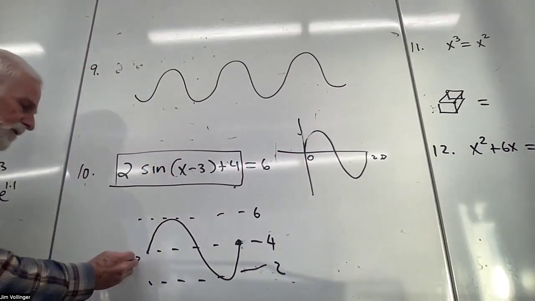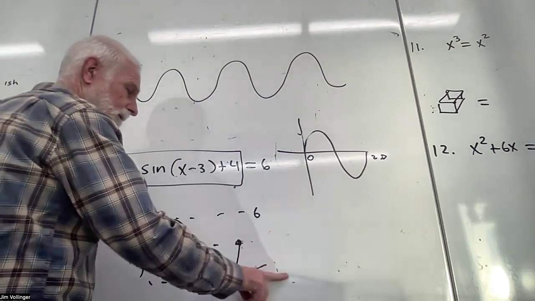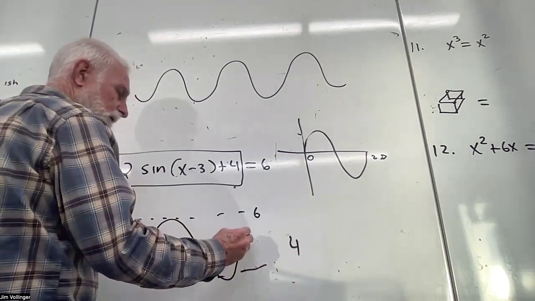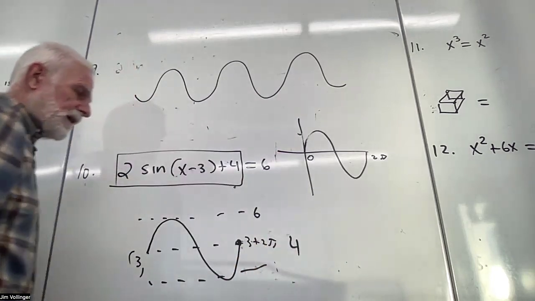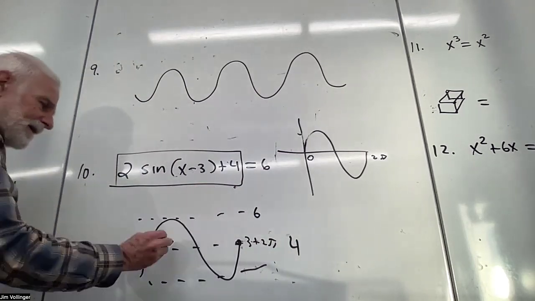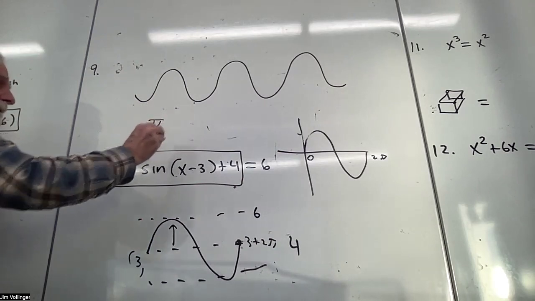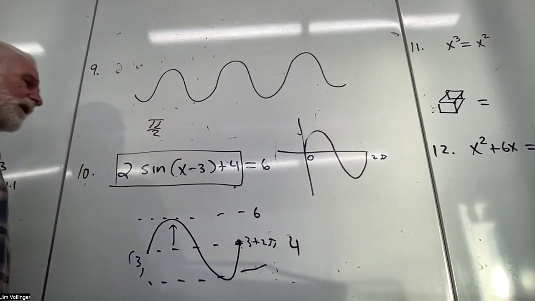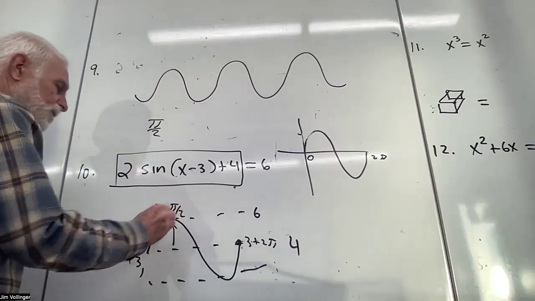Oh, I guess that has to be 3. And then I guess it has to end at 3 plus 2 pi, once around the circle, which is what we did a second ago. And I'm at a max. I can see I'm at a max. I just told you pi over 2 gets you a max. So I think 3 plus pi over 2 is this location. Again, I'm just planting seeds here.